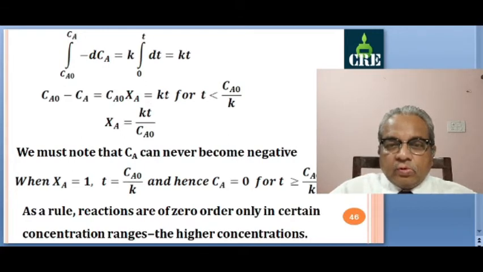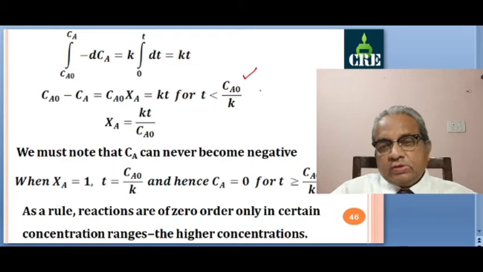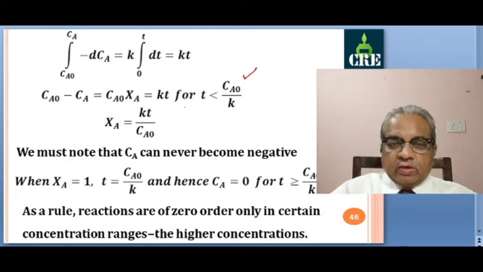If you consider this in terms of conversion, Xa will be equal to 1 for time t equal to Ca0 by k, complete conversion. So this is valid for t less than or equal to Ca0 by k, where conversion will be 1 at the limit, and beyond that you will get negative concentrations or conversion greater than 1, which is an absurd value.